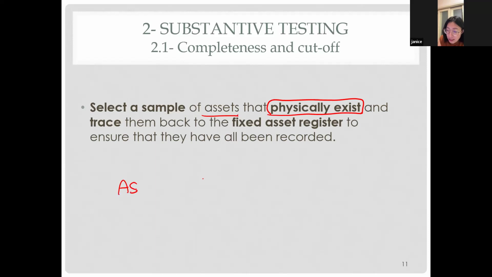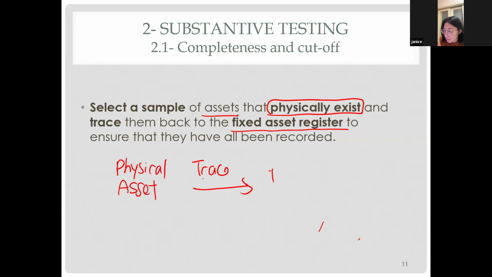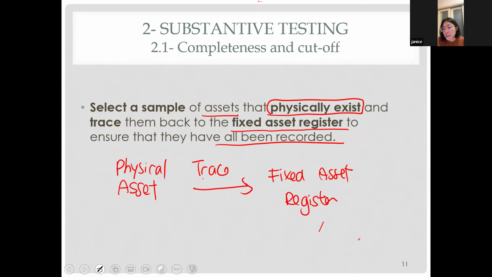So we select a physical asset, and we trace them back to the fixed asset register, to ensure that they have all been recorded. So this is the testing that I've talked about to ensure completeness.